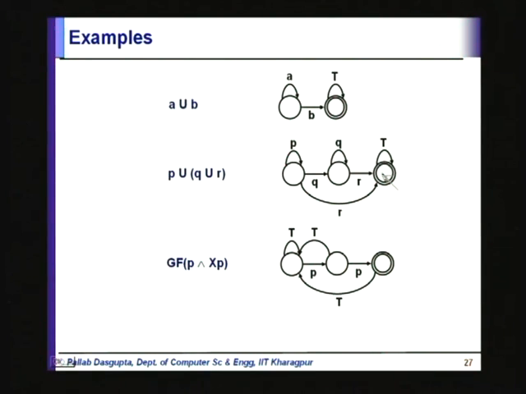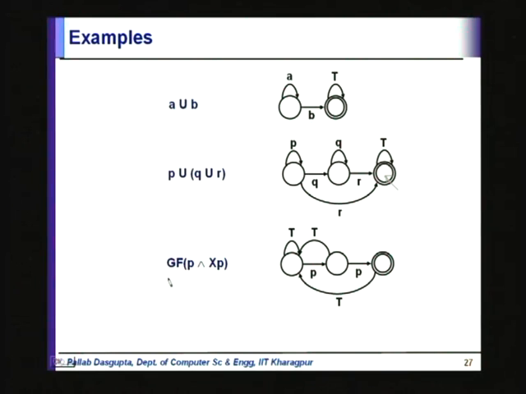So the accepting state is visited infinitely often. Now, these two do not actually demonstrate the need for visiting the accepting states infinitely often. These two are almost like the type of automata that we knew before.